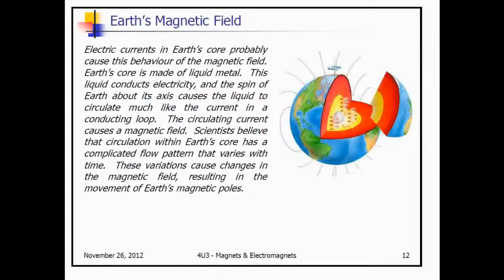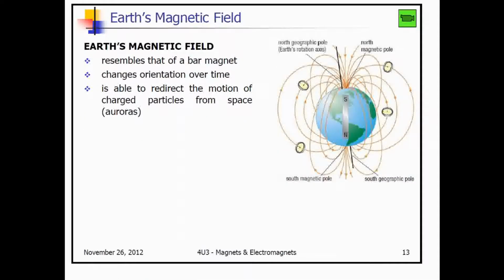So it's that liquid metal that conducts electricity, flowing throughout the core. That flowing causes this magnetic field outside the Earth. So the Earth actually has an internal electric current that's causing this magnetic field, something that people might not be too familiar with. So you can copy this slide down.